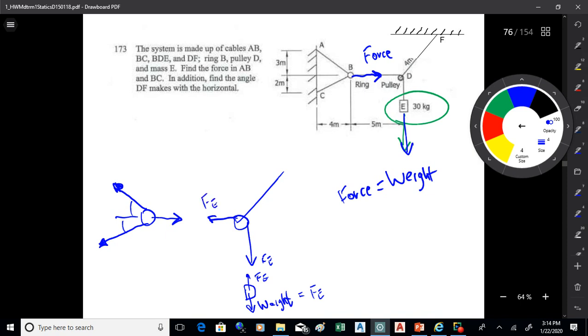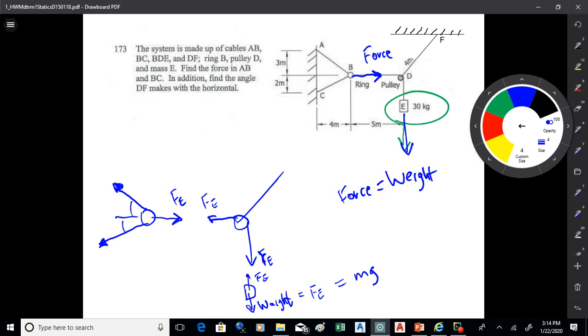I mean, that force kind of works its way all the way through to where it ends up pulling on the ring. Okay? So it's just kind of working its way around. Okay. So the weight is equal to mass times gravity. And you just work your way around.